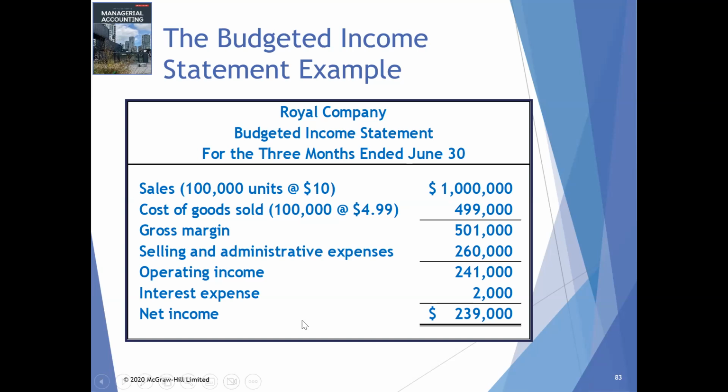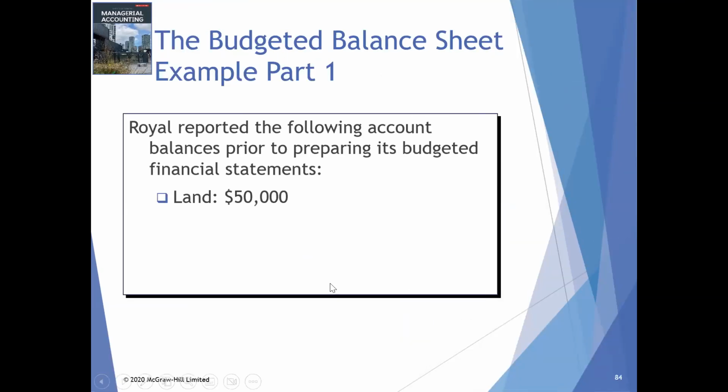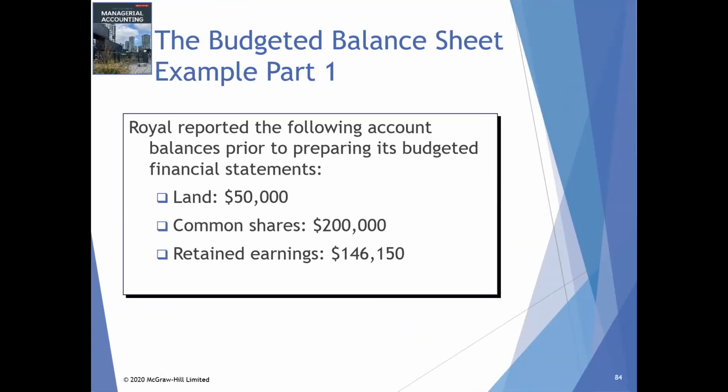Now the last point that we are going to explain here is the budgeted balance sheet. So we have current assets, and we will be calculating the fixed assets. The total will be the total assets, and on the other side we will look at retained earnings, accounts payable, and common shares. So Royal reported the following account balances prior to preparing its budgeted financial statement.